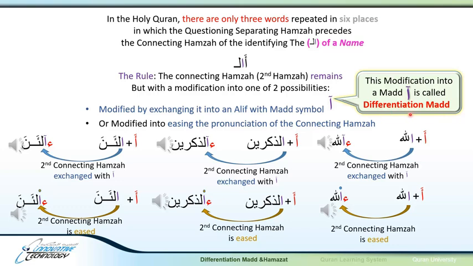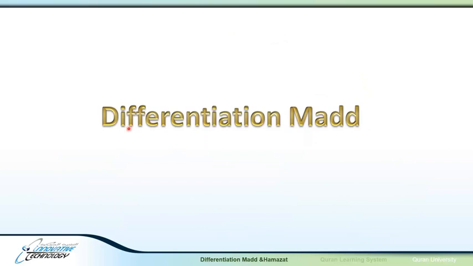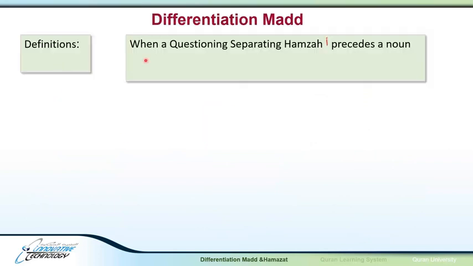So the differentiation mad is defined when a questioning separating Hamza precedes a noun that is identified by al-ta'rif, the identifying "the".